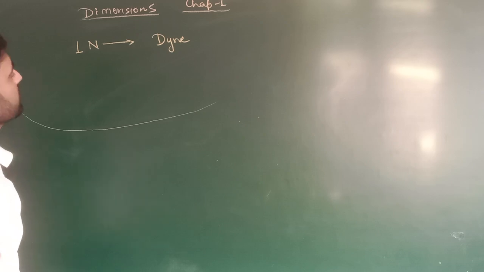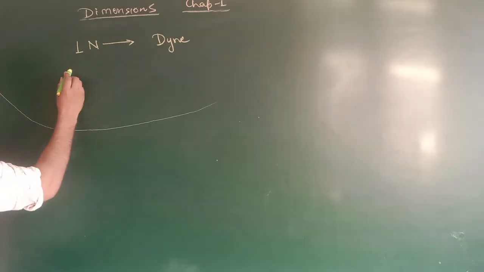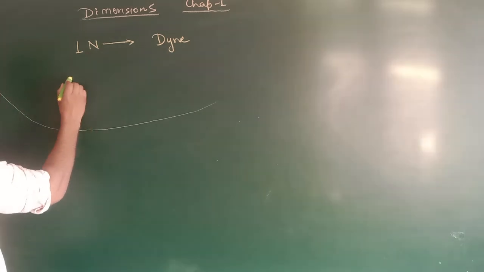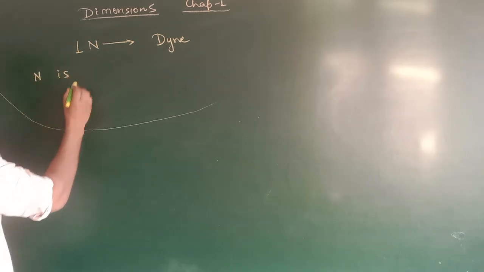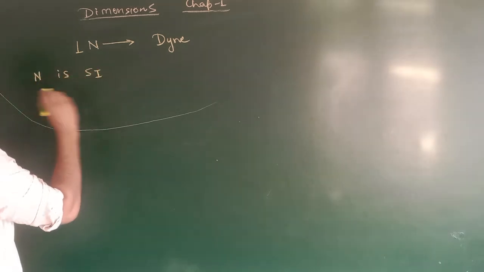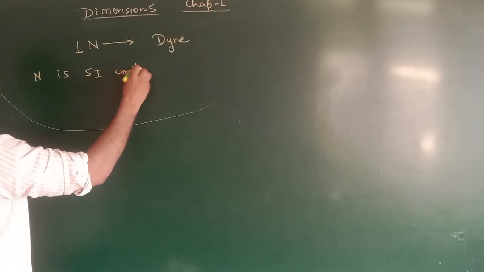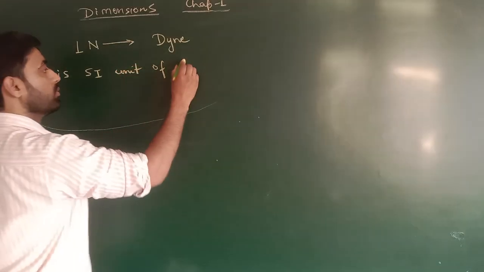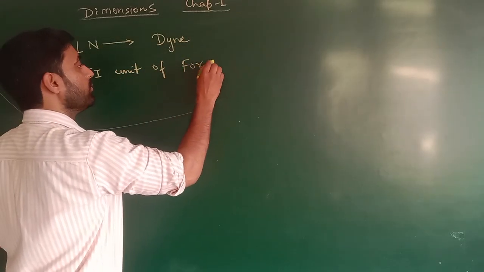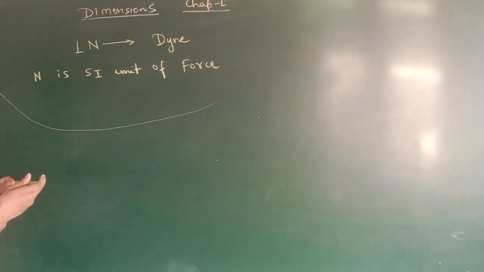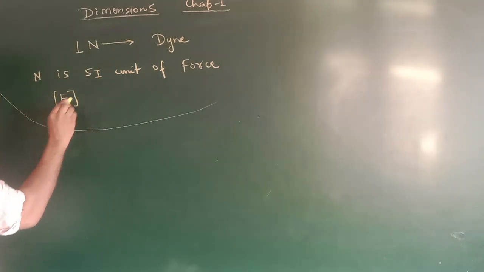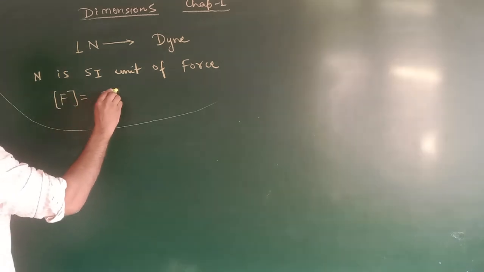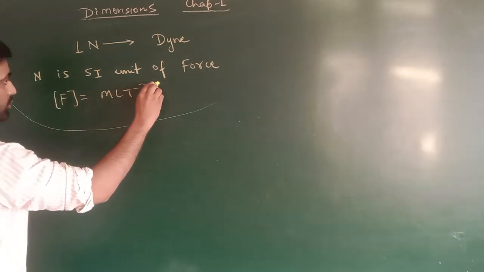Both are SI and CGS units of force. So first we will have to write Newton is SI unit of force, and the dimensional formula of force is MLT minus 2.